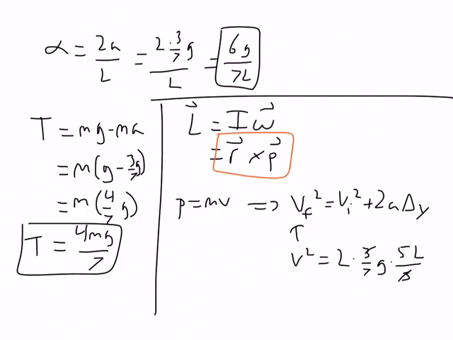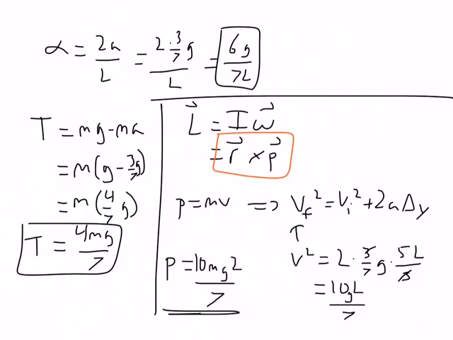So that cancels that, and that's 10GL over 7. So now we know how fast we're going. So we multiply that by the mass, and so we're going to get p equals 10 mgl over 7. Right? That's half of it.